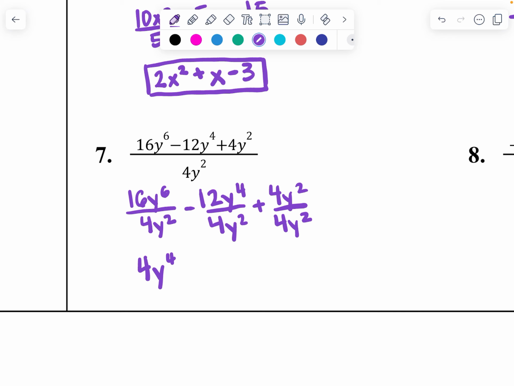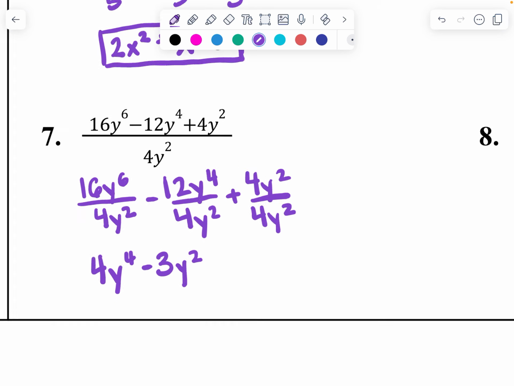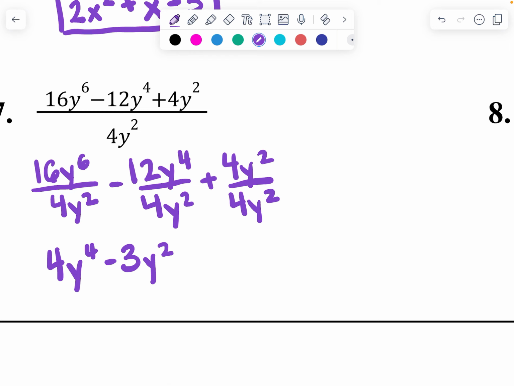Negative 12 divided by 4 is negative 3. And 4 minus 2 is 2. And this last term, again, it's the full term divided by itself. So that cancels out. We end up with y to the power of 0, which is also 1. So we're just going to write plus 1.